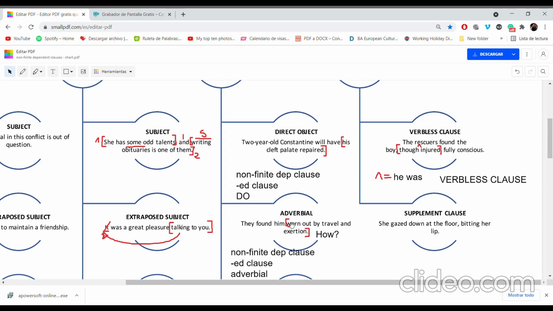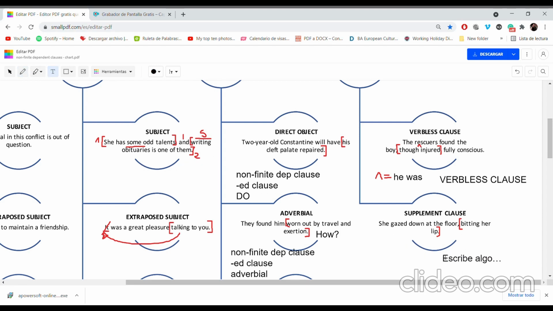As in verbless clauses, they are mostly presented in between commas or in between a comma and a full stop, as in this example. She gazed down at the floor, biting her lip. So biting her lip here is our supplement clause, which gives us extra information. But if we remove this from the clause, this information is not essential.